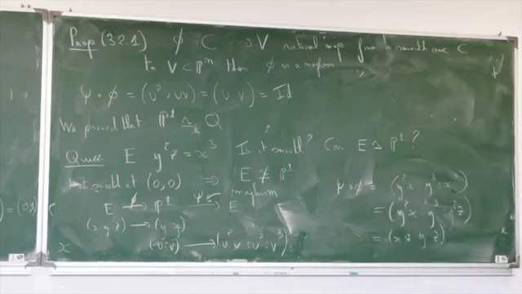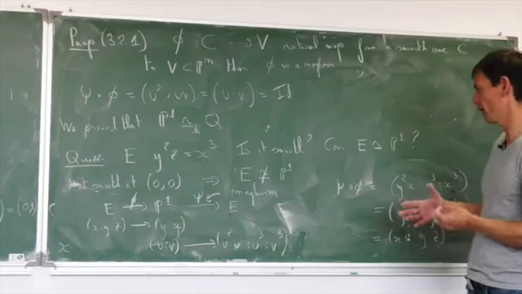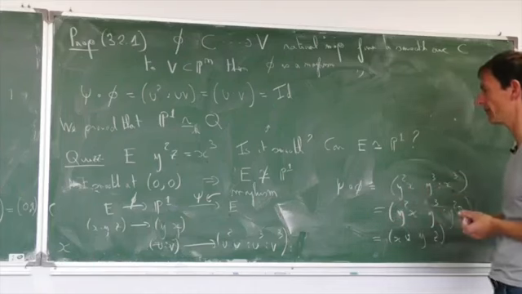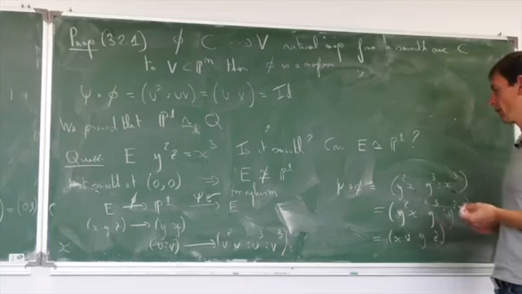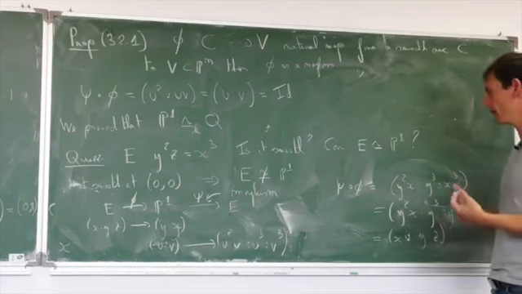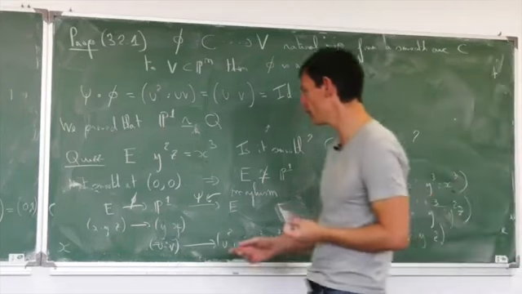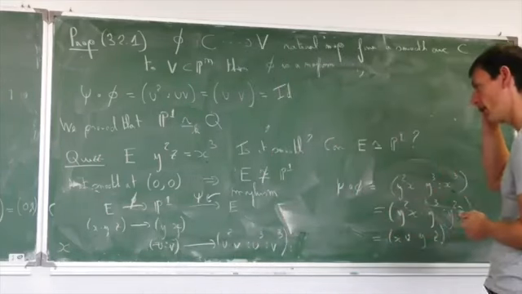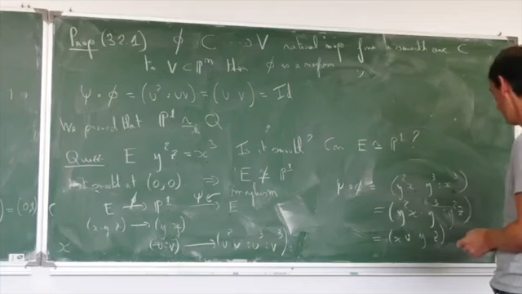Perfect. So it means that these two maps seem to be inverse of each other, at least as rational maps. And of course, if moreover they were morphisms, then I would have an isomorphism. And I said that they are not isomorphic. So this map phi is not a morphism. It is not, for instance, defined well at the point (0, 0).